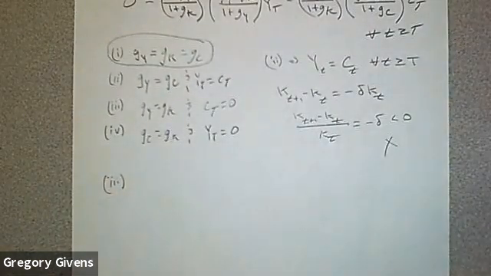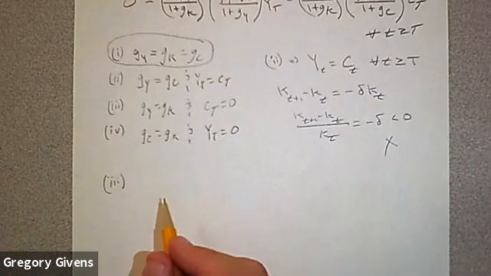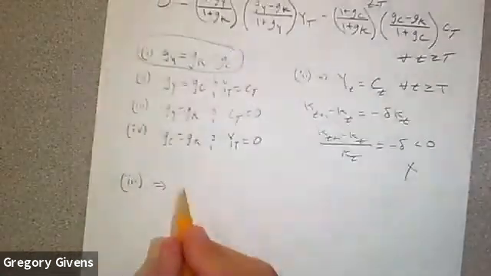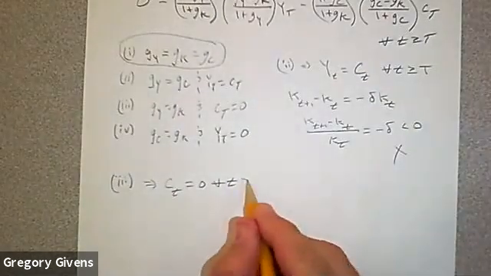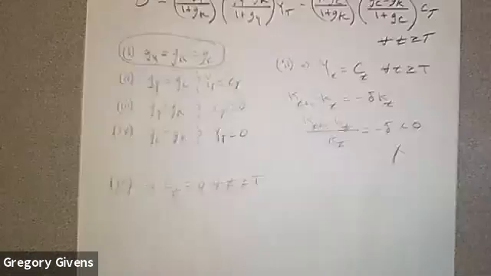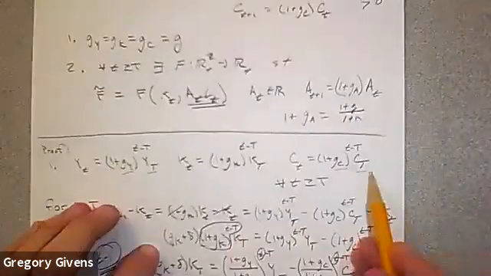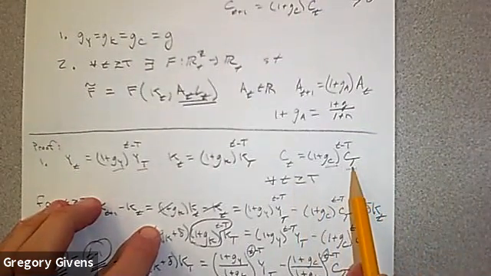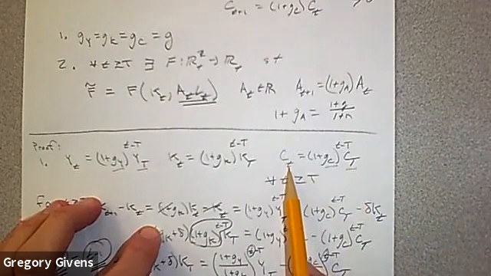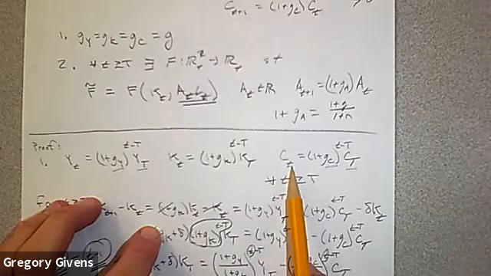How about case 3? If gY is equal to gK and C cap T is equal to 0, then this would imply that Ct is going to be equal to 0 for all t greater than or equal to cap T. Remember, once we've reached a point where consumption is growing at a constant rate, if we set C cap T to 0, then that simply means that Ct is going to be 0 forever, right?